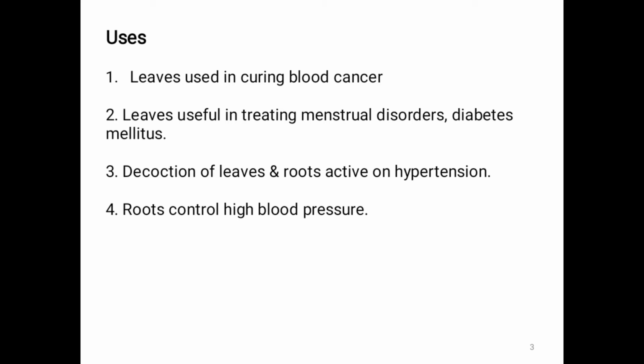Second, leaves are useful in treating menstrual disorders and diabetes mellitus. A decoction of leaves and roots is active on hypertension. Roots control high blood pressure. These are the uses of periwinkle.